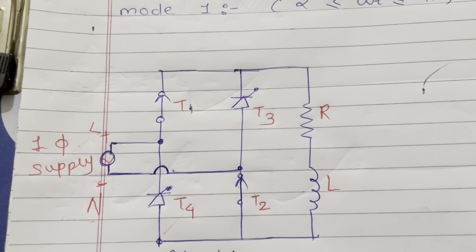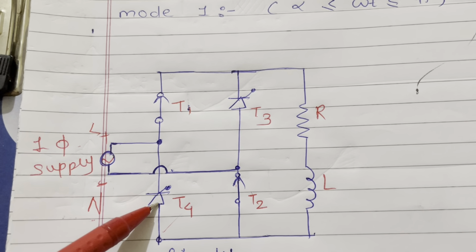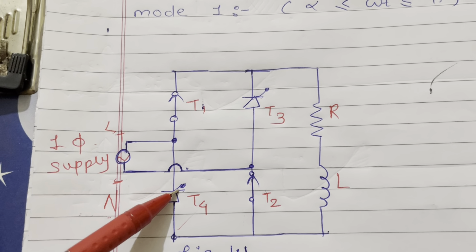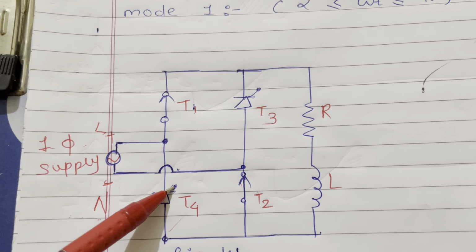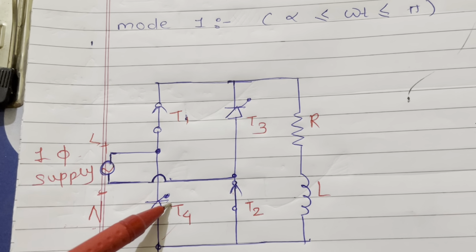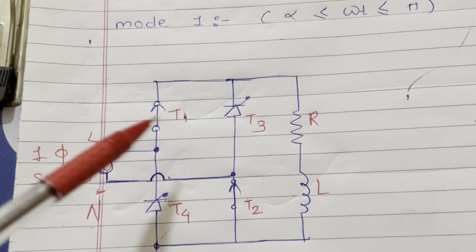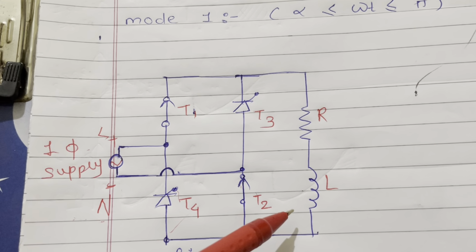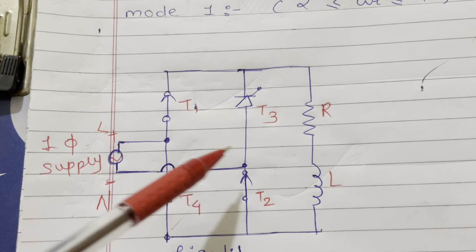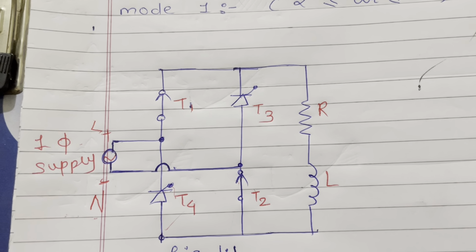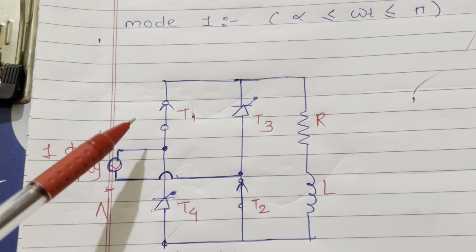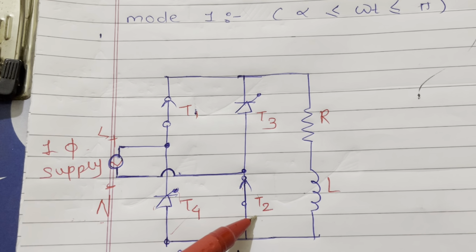The already conducting pair SCR3 and SCR4 is commutated due to the application of the line voltage across them in the opposite direction, so they are reverse biased while SCR1 and SCR2 are forward biased. Commutating the thyristors in this way is known as line commutation. SCR3 and SCR4 are commutated, but SCR1 and SCR2 continue to conduct.